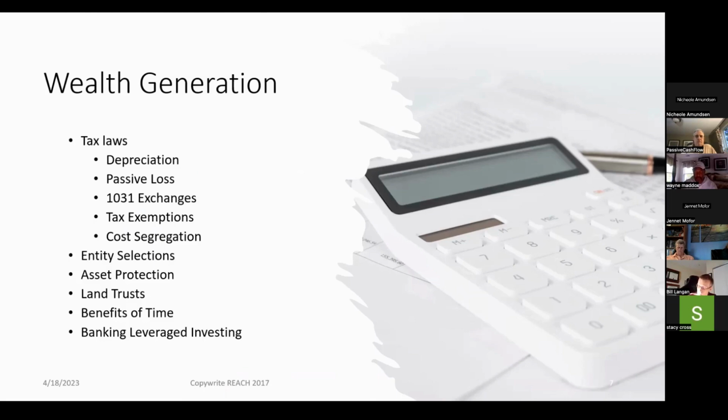All right, so a passive loss. It is basically a financial loss within an investment or trade, but it is limited to investors who are not a material participant. So that tends to mean passive investors. If you and I form a company together to buy a property and we are the managing team, we cannot take a passive loss.